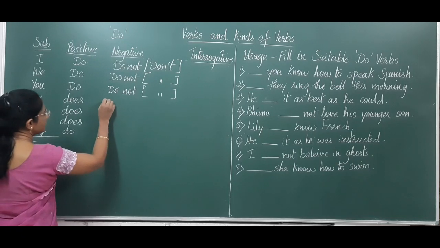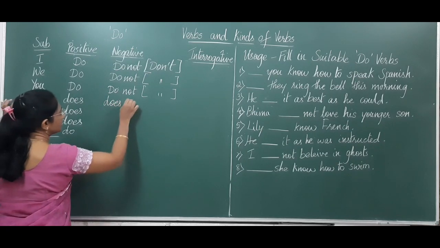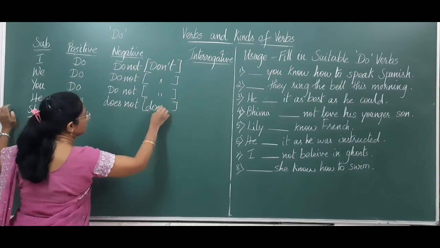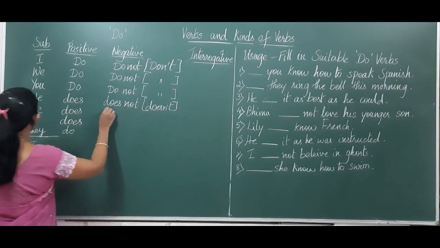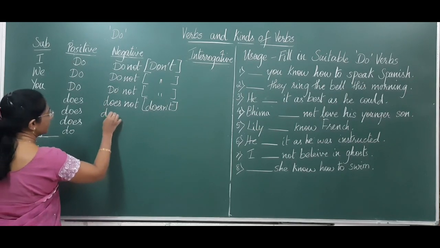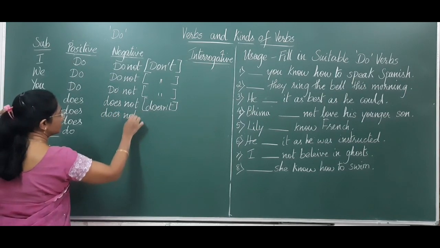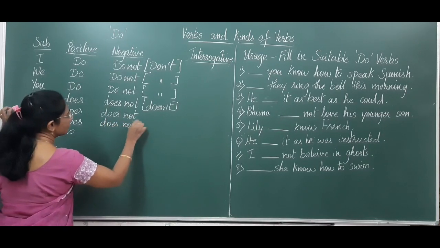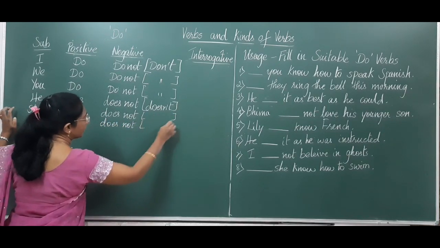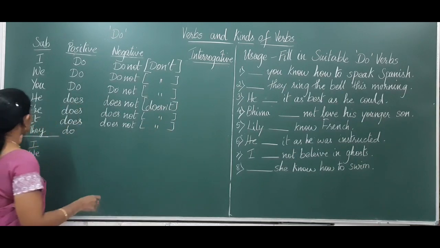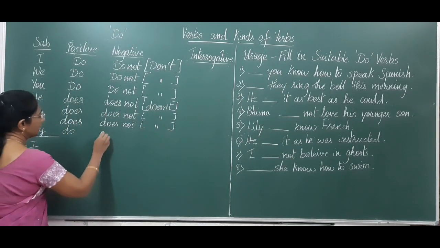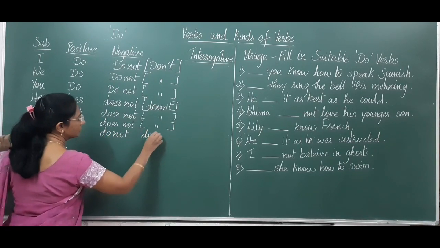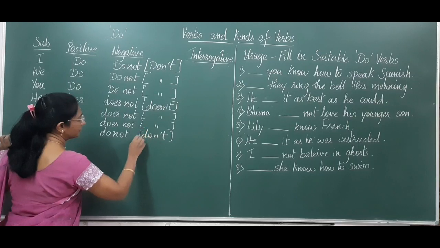For he it takes does not, made short as doesn't. Same thing for she, does not, and for it does not, made short as doesn't. For plural they, it takes do not, made short as don't again.